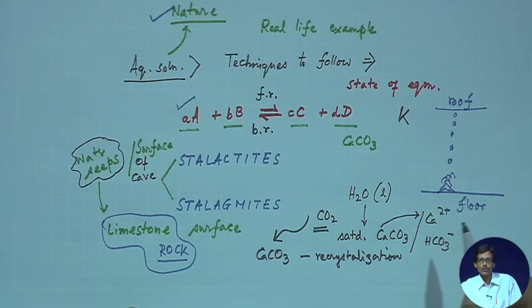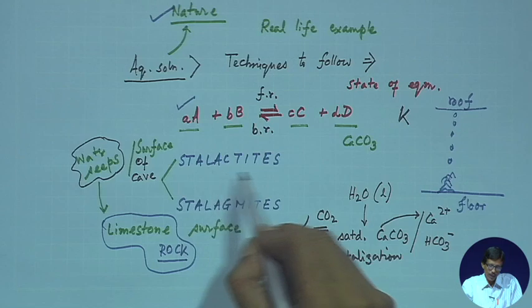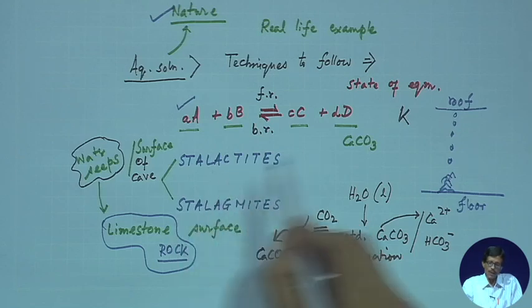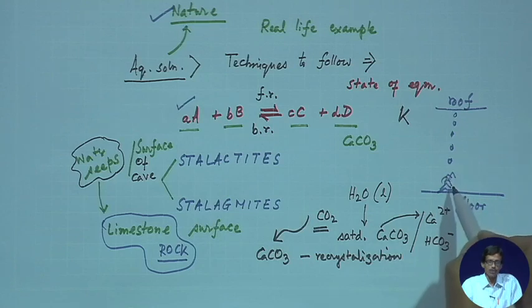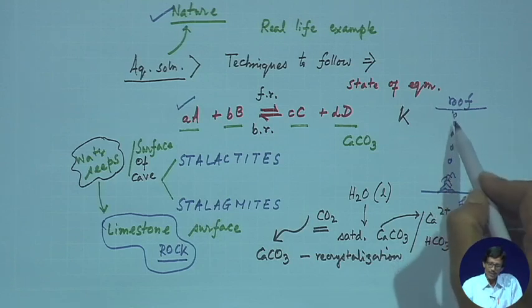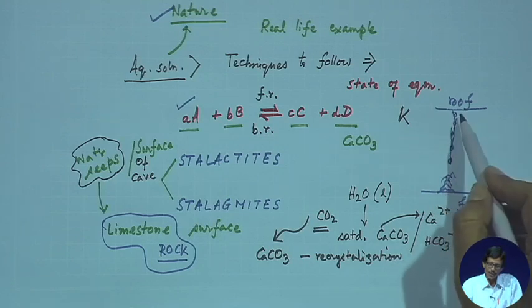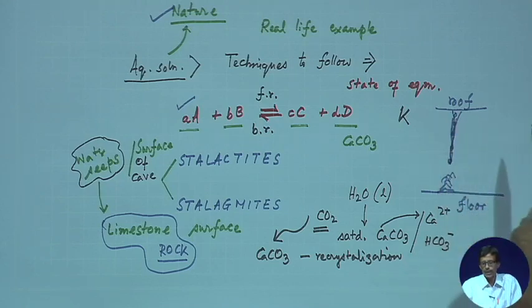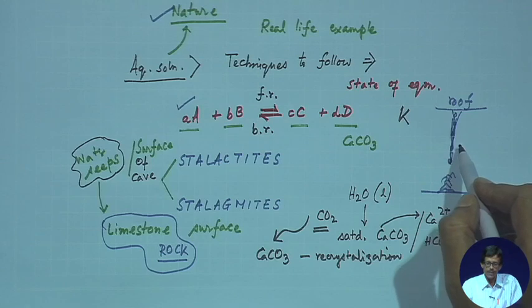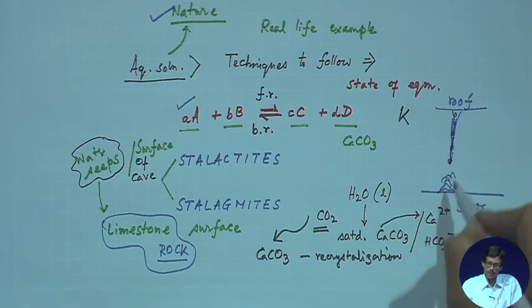So, these are the two things, which is why we have two different names: one is coming out from the roof and one is getting deposited on the floor. This nice, small rod-like structure looks as if it is made of ice crystals, but it is not; it is crystals of calcium carbonate.